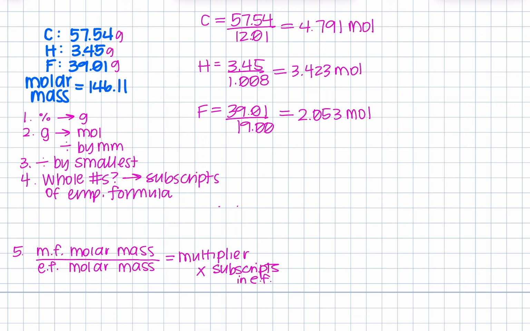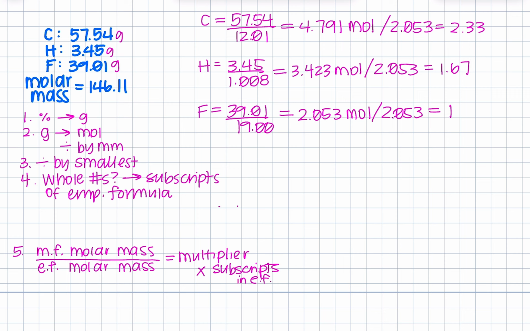So 2, 3, or 4, 2 is the smallest, so we're going to divide everything by that. And I get 2.33, 1.67, and 1.